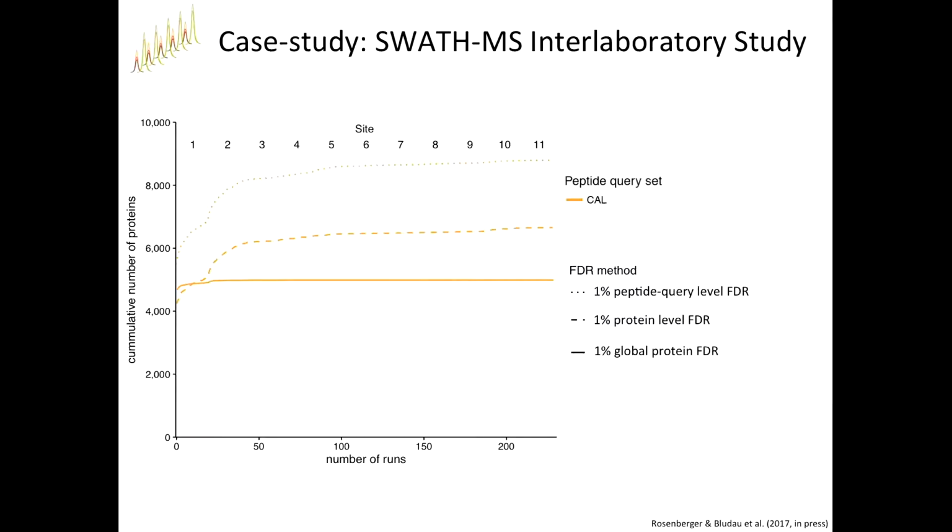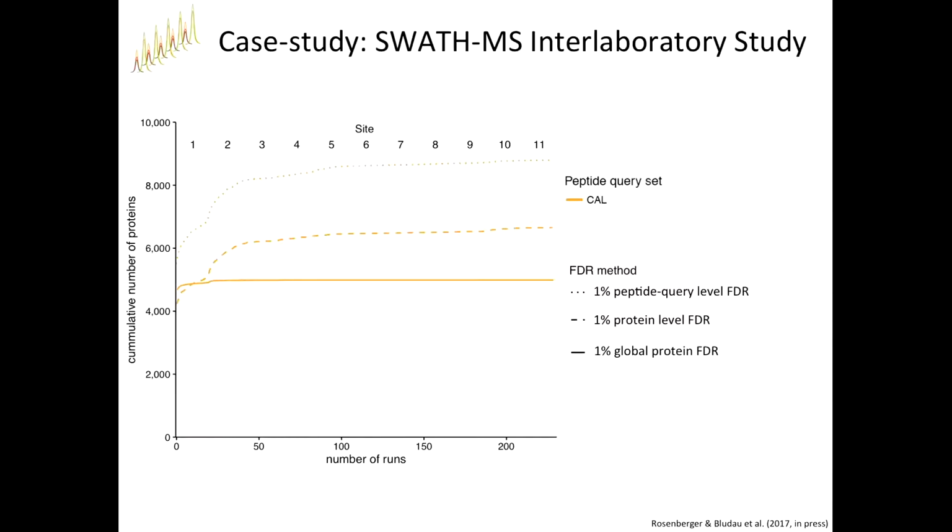So if we use the combined assay library and we do the FDR estimation only on the peptide query level, as is done in standard PyProphet, then you can see that on protein level, the number of proteins that are cumulatively detected across these 230 runs is increasing quite drastically, although we are analyzing the exact same data set over and over again, right?